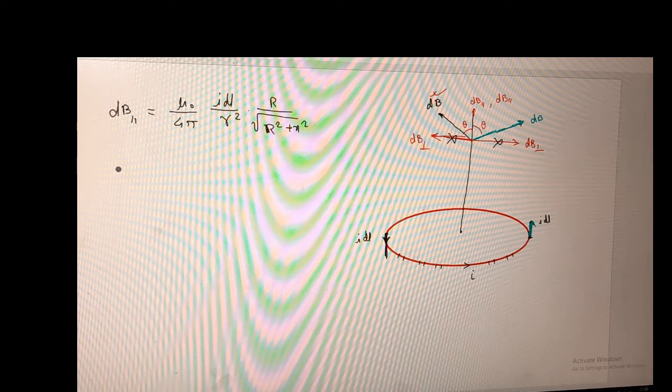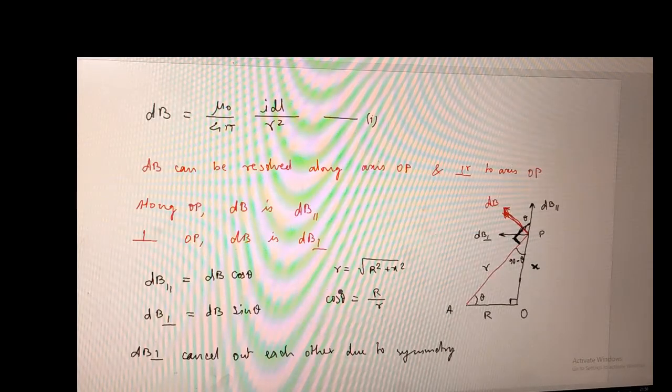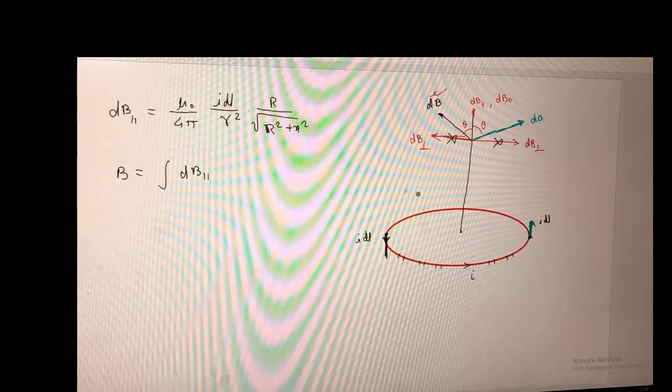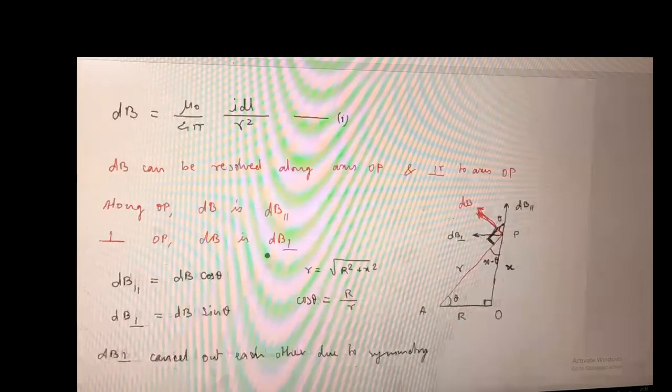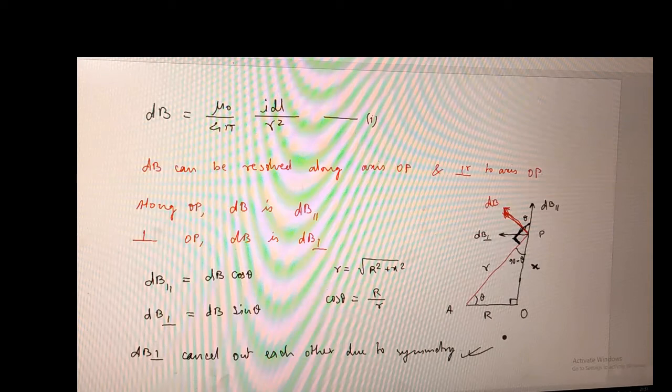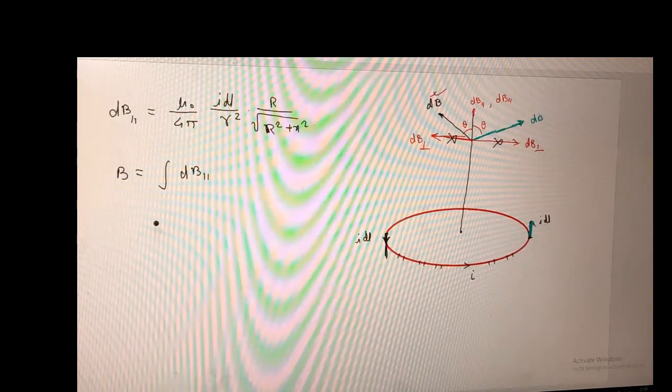So B is equal to the integral of dB parallel, because dB perpendicular is not taking part. Why is it not taking part in finding B? It is not contributing anything to B, because this is getting cancelled. Here I have explained, right?